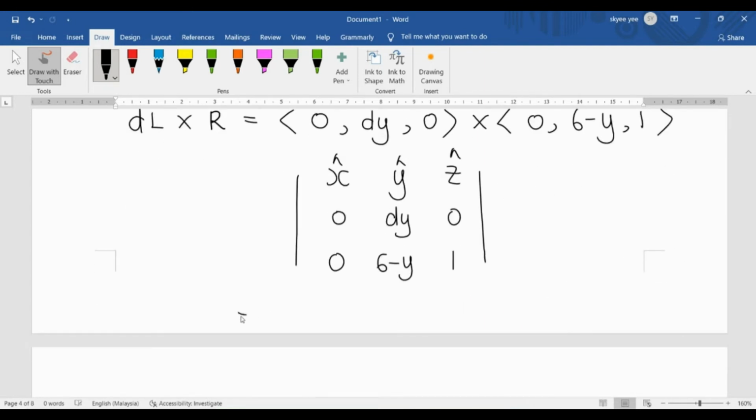For the x, you cover the first column and first row, so you have dy. The other 0s mean you don't have the y components, and for the z also 0. So basically you just have this one.